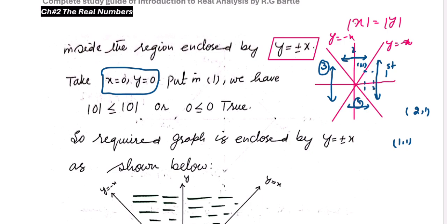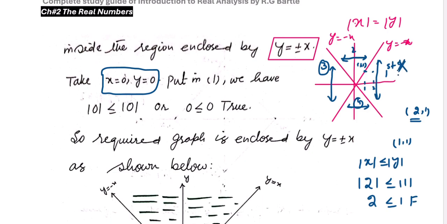Clearly this point x is equal to 2, y is equal to 1 is below this line, that is, it lies in the first region. So take this point x is equal to 2 and y is equal to 1 and substitute it in the inequality absolute x less than or equal to absolute y, and check whether this point satisfies it. When you put x is equal to 2 here, this becomes absolute 2 less than or equal to absolute 1. Absolute 2 is 2, this is less than or equal to 1. Is it true? No, this is false. It means your graph does not lie in this region.